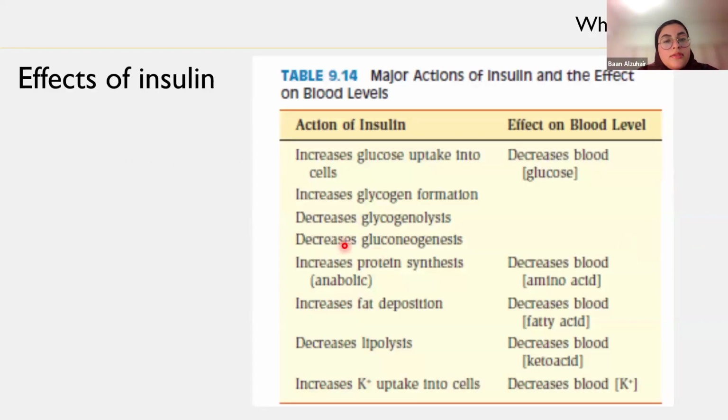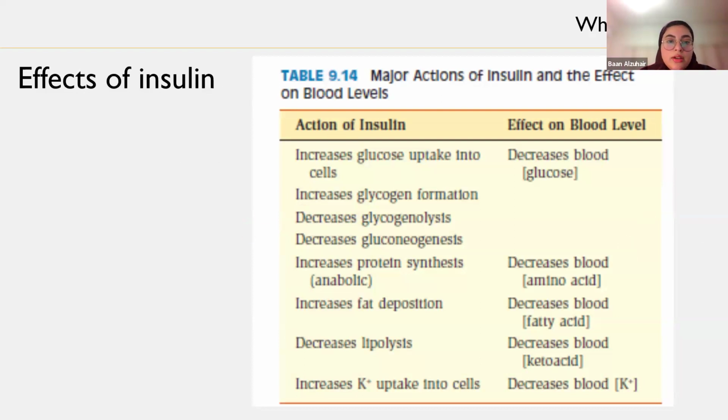Okay, so effects of insulin. It has a lot of actions, but all are aimed to decrease blood glucose levels. All of them lead to the same goal, okay? So it increases glucose uptake into the cells, just like GLP-1.